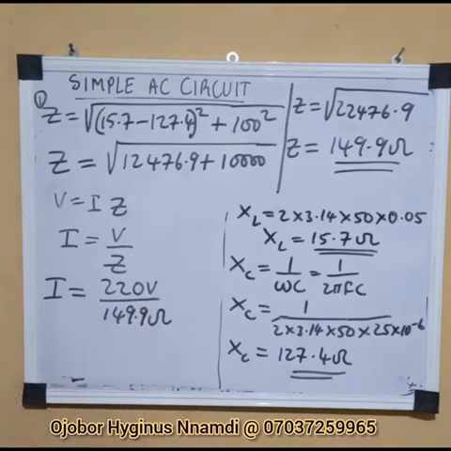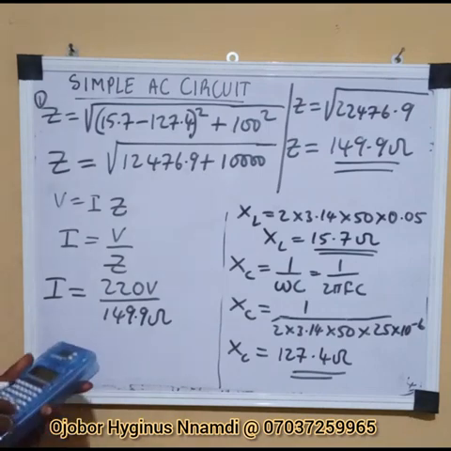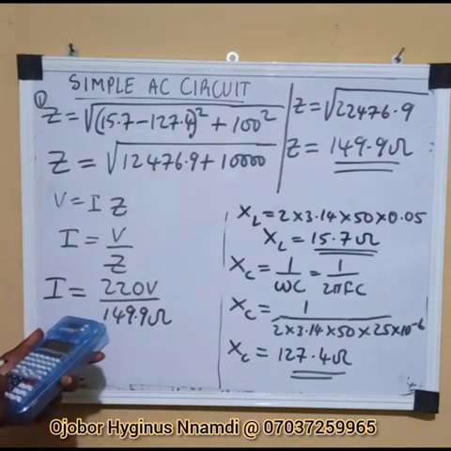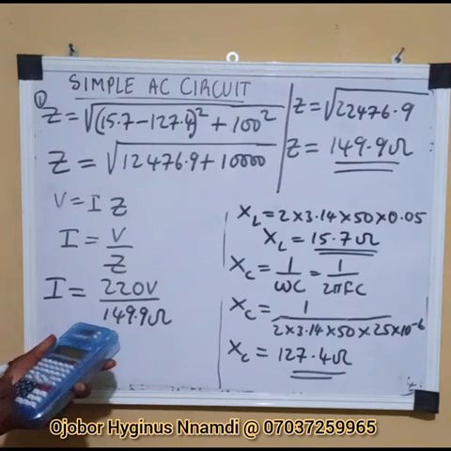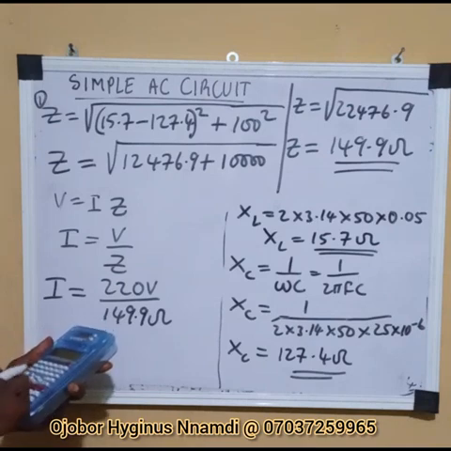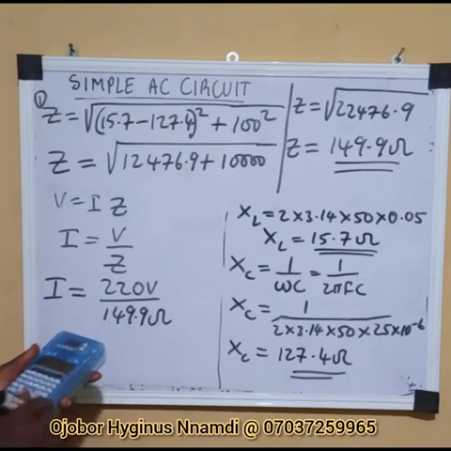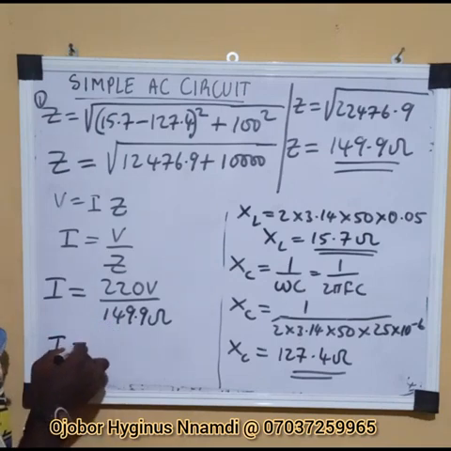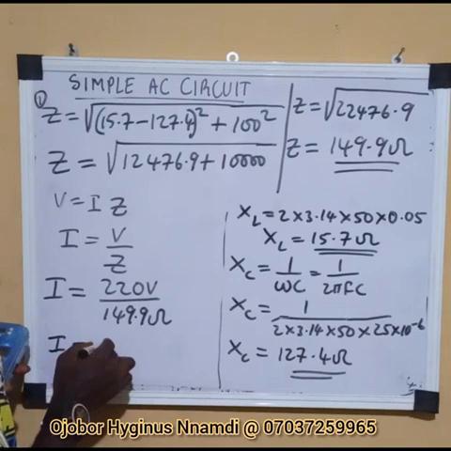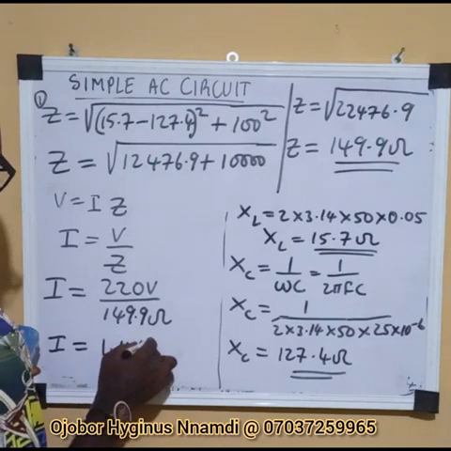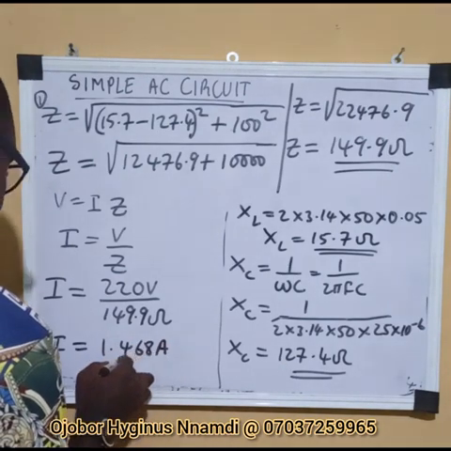If we punch our calculator, 220 divided by 149.9 is going to give us 1.468 amperes.